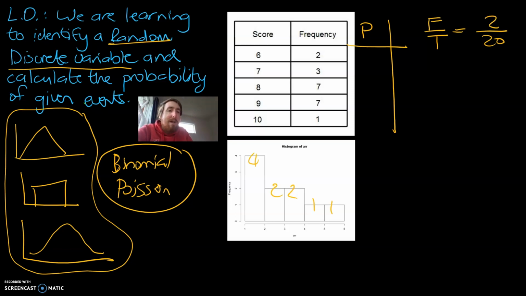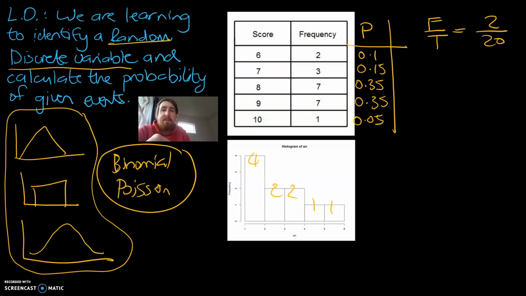Well, that's 2 out of 20, and that is 0.1. 7 out of 10, well, that would be 0.15, because that's 3 over 20. 8, that would be 0.35, because 7 over 20, and the last one, 1 over 20, 0.05. And if you add all of these up together, you'll find they sum to 1, because that is every single possible outcome. So from the frequency table, we're able to determine the probability of each of the outcomes.